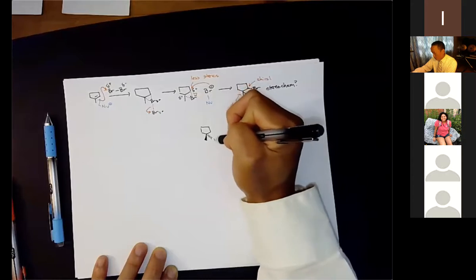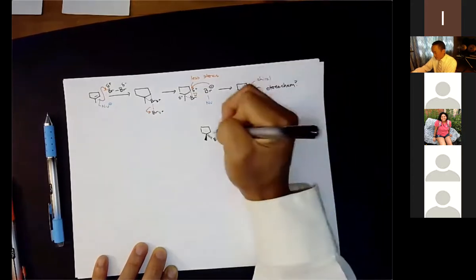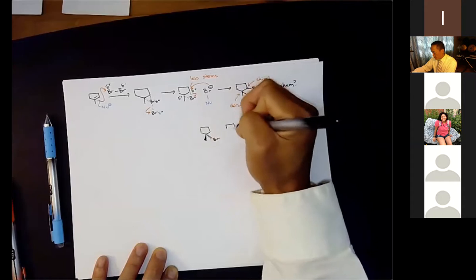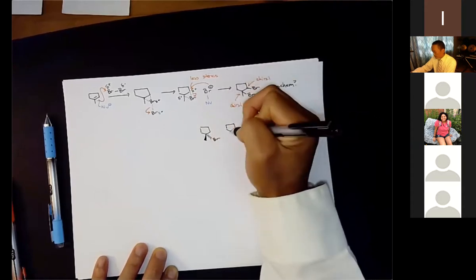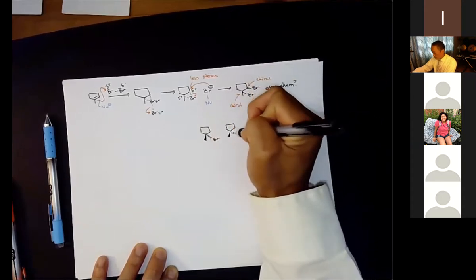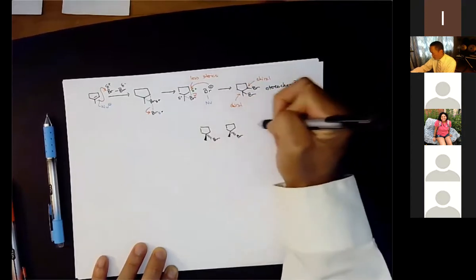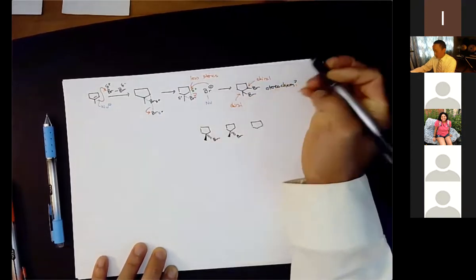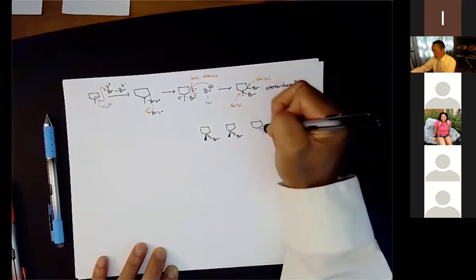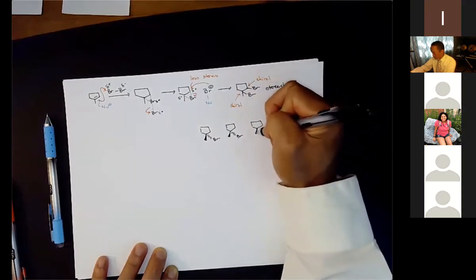we have to look at what happens to each of these bromines in the products, depending upon which way the bromines were added when the bonds were formed and broken.